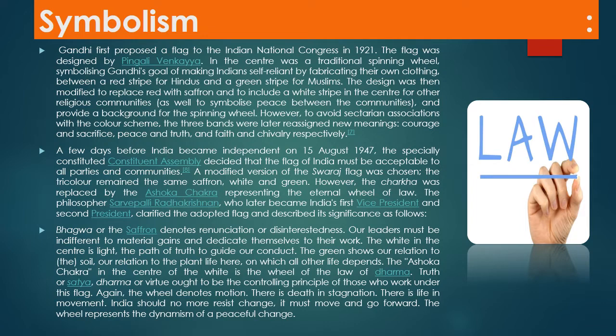The design was then modified to replace red with saffron and to include a white stripe in the center for other religious communities, as well as to symbolize peace between the communities and provide a background for the spinning wheel.